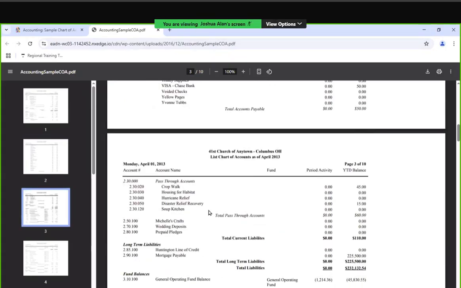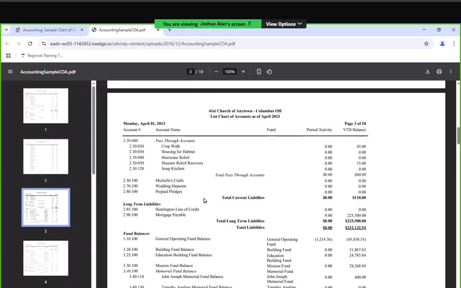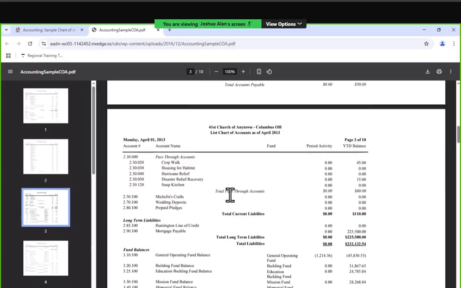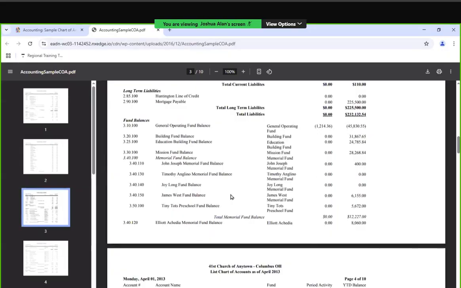I even think we've got our pass-through liabilities in here as well, and then some other loan and mortgage liabilities too. Then we get down into our fund balance accounts down here, and again, it shows just an average number of funds that we may have in our chart of accounts.